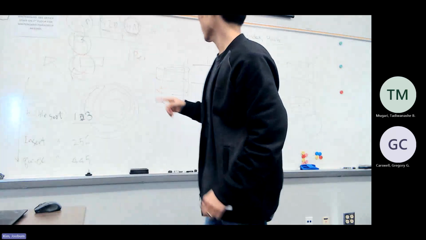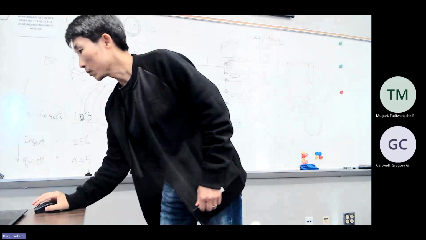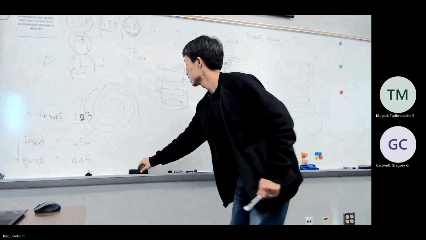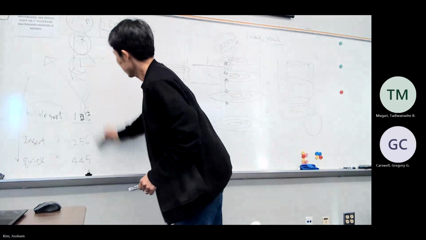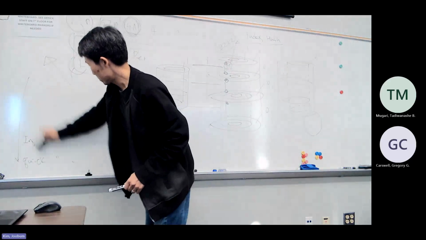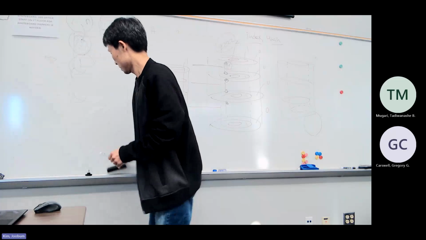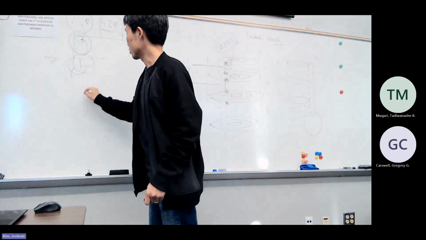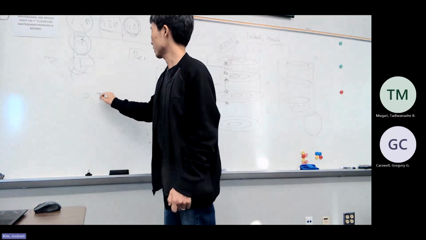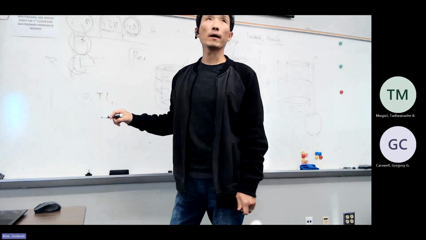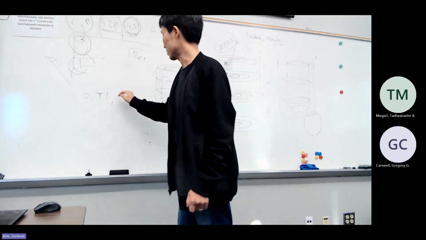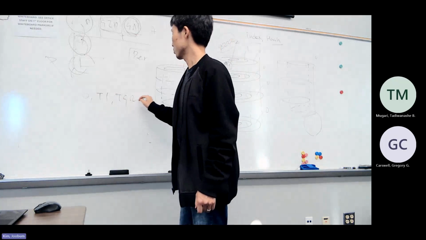Okay, so previously the record address represents something like this: cylinder 0, track 1, and track sector maybe 2.